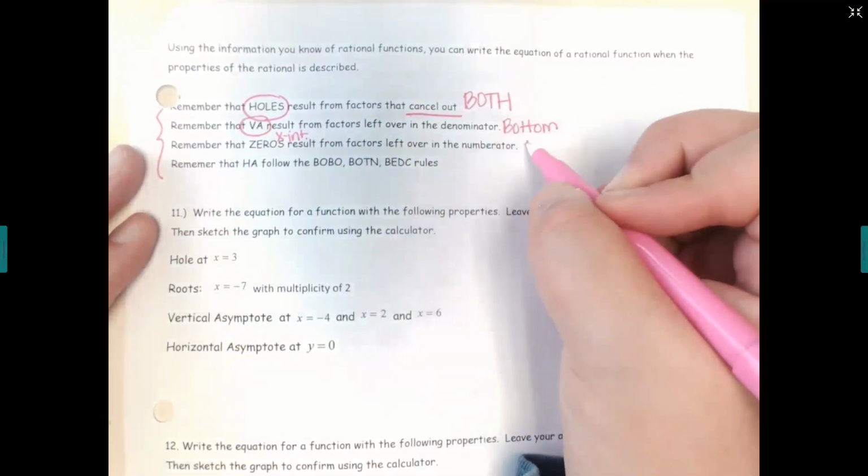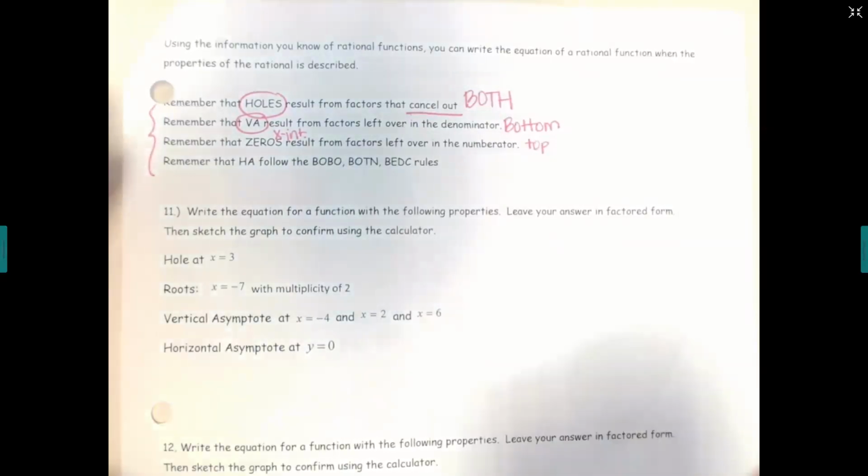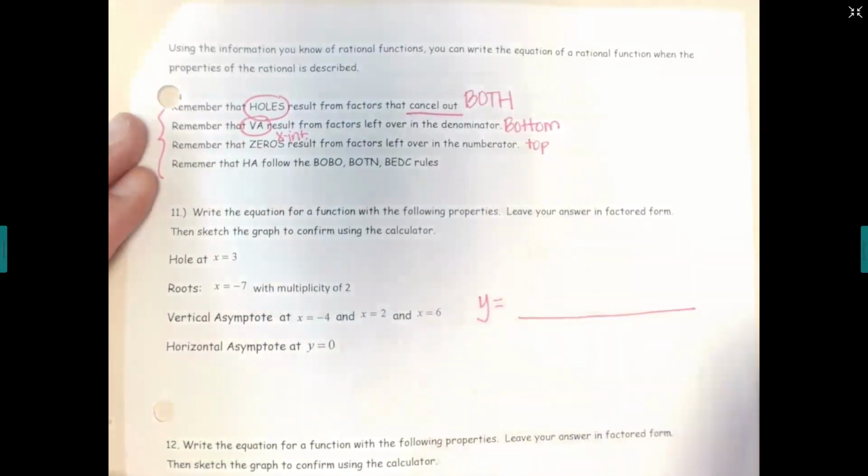On the top, very good. Notice it says in your notes in the, I spelled it wrong, numerator. But those are only on the top. And now we have one more thing we just learned, horizontal asymptotes. Those are your Bobo, Botan, and Betsy. Okay? So for number 11, put y equals, and then give me a big long fraction.